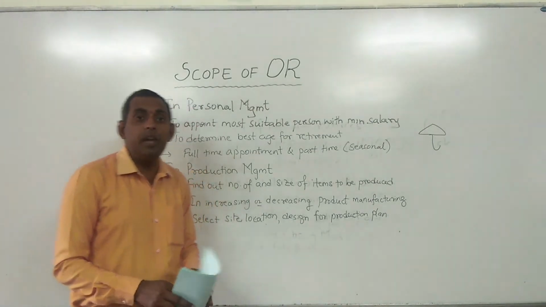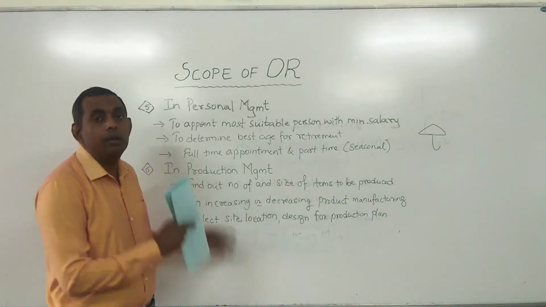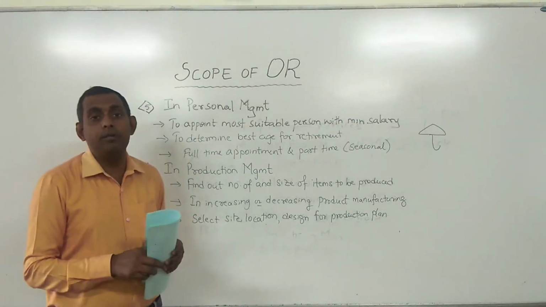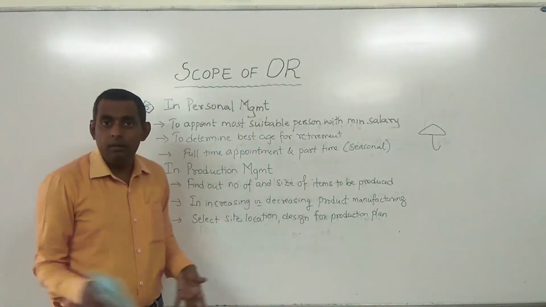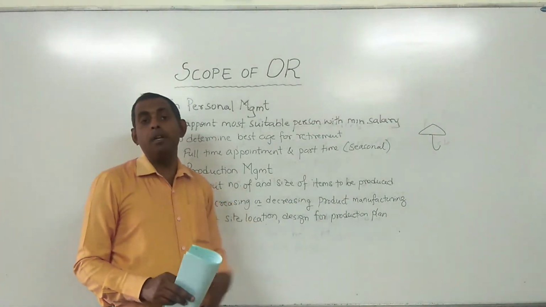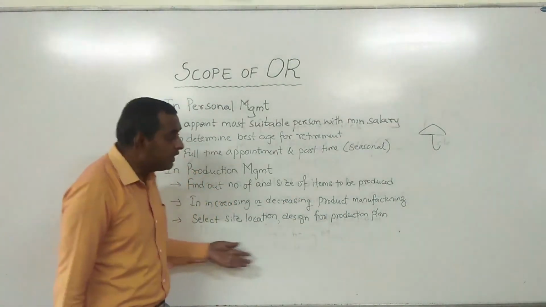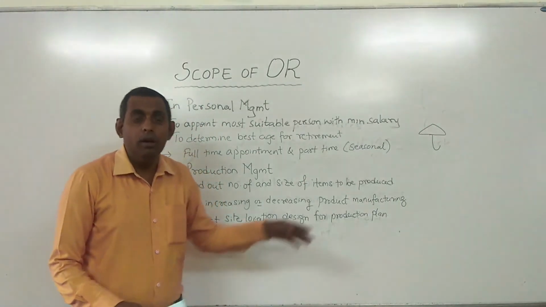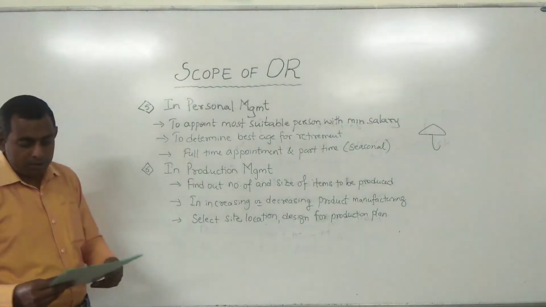So most automobile companies start their production in Pune because of site, location, design, availability of raw materials and skilled persons. All these things matter, and they come under production management.